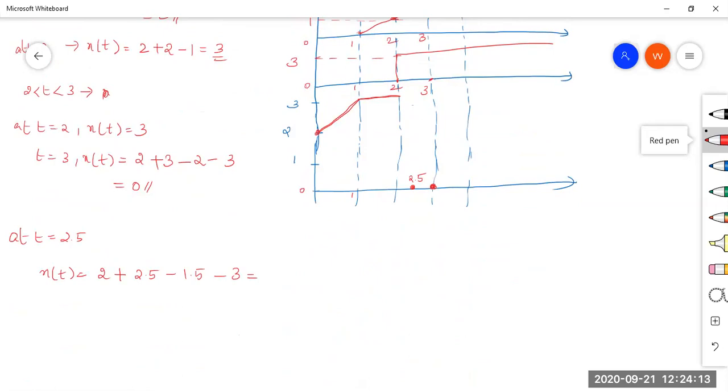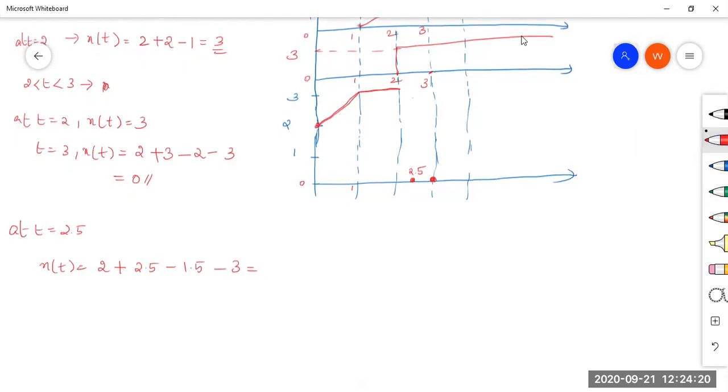Minus 3 is 0 again. So at 2.5 your value is 0. At 3 it has to be 0. So it can be found that at this position 2 it is coming to 0, then it is remaining 0 for the next interval. So this is your signal now.